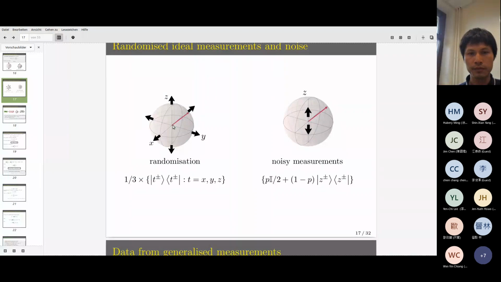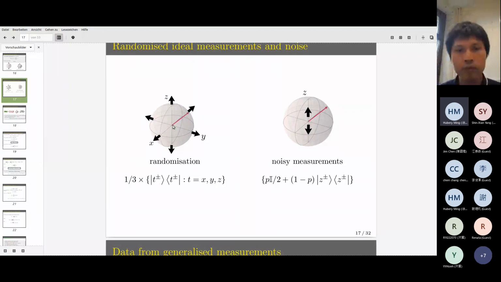Description. Okay, so the naive way is to flip a coin with equal 1/3 probability for all three directions, and then do the two-outcome measurement for each direction. This gives a pure simulation of the generalized measurement. However, this is a very special case.